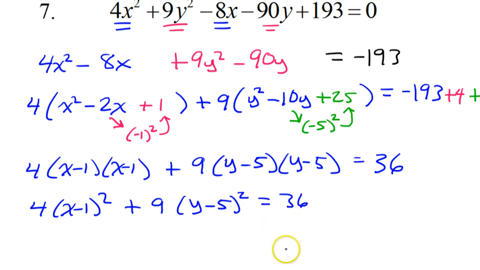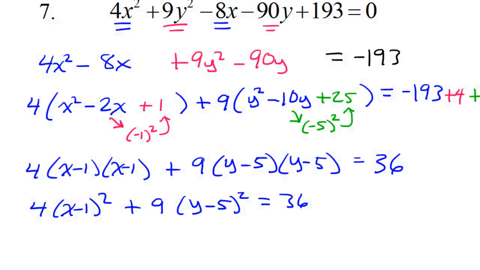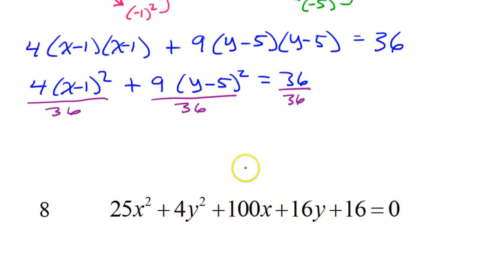Now remember, we are shooting for the standard form of an ellipse, so we should definitely have a 1 on the right hand side of the equation. Right now I have a 36, so I can fix that by dividing both sides of the equation by 36. So now it's just a matter of reducing these fractions.